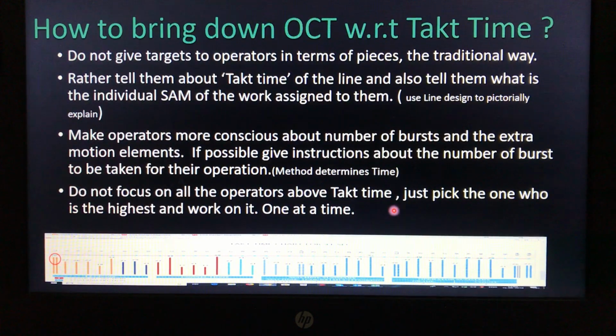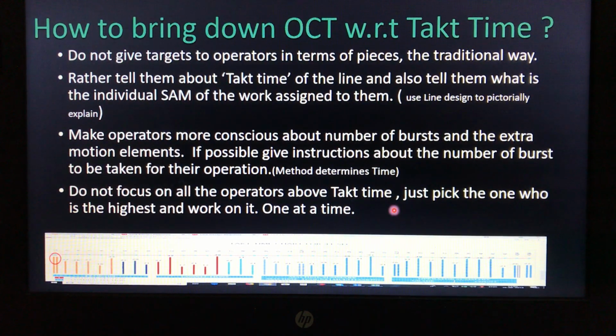So as I mentioned earlier, the slowest operator in the line is the one who influences or controls the rest in the line. So it is important and very critical to identify the slowest operator instead of identifying all the operations above takt time. You might get lost and it will not work for you.